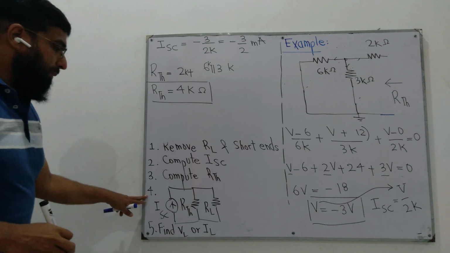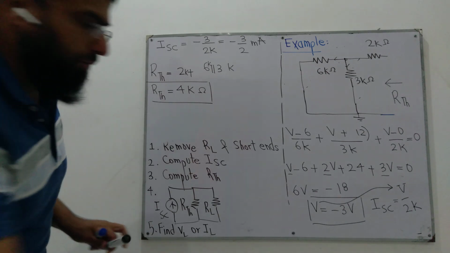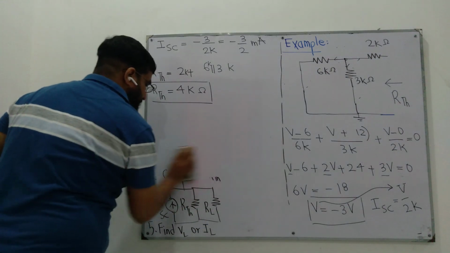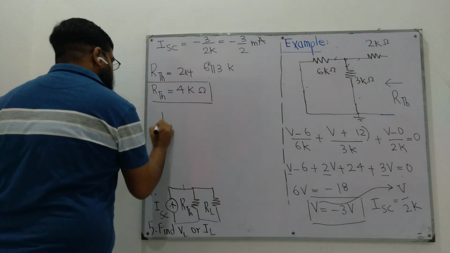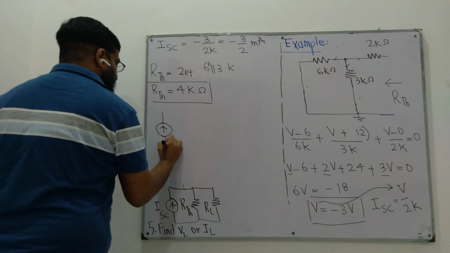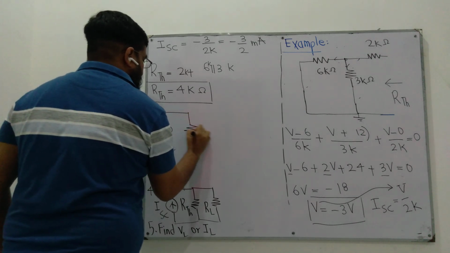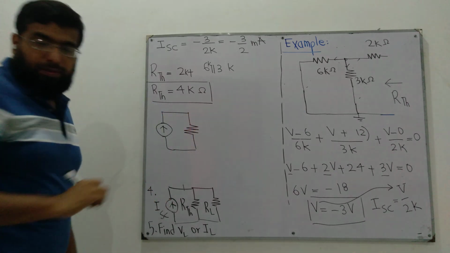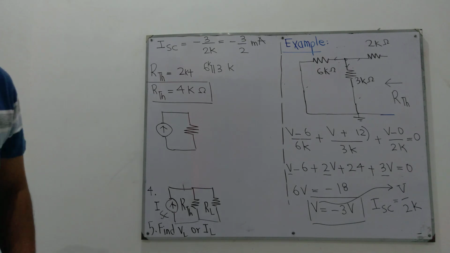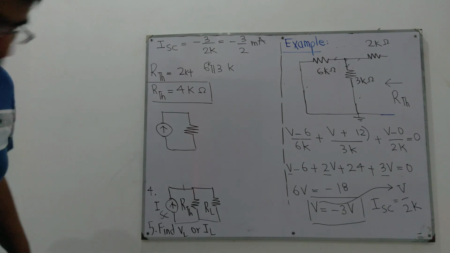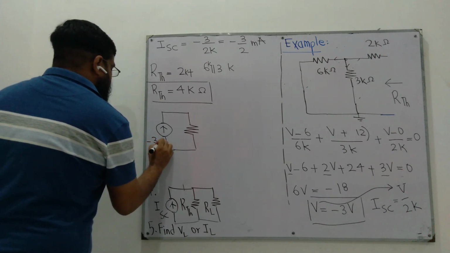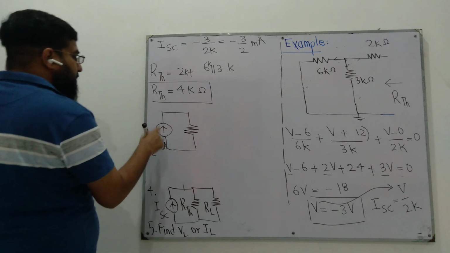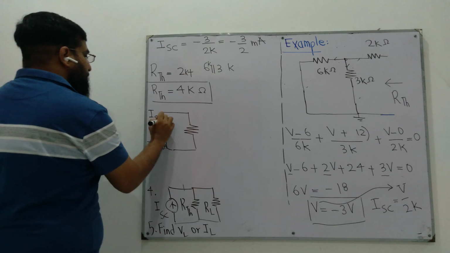Now let's go to step number 4, if we draw this equivalent. Minus 3 by 2 milliampere is the value of this source ISC.